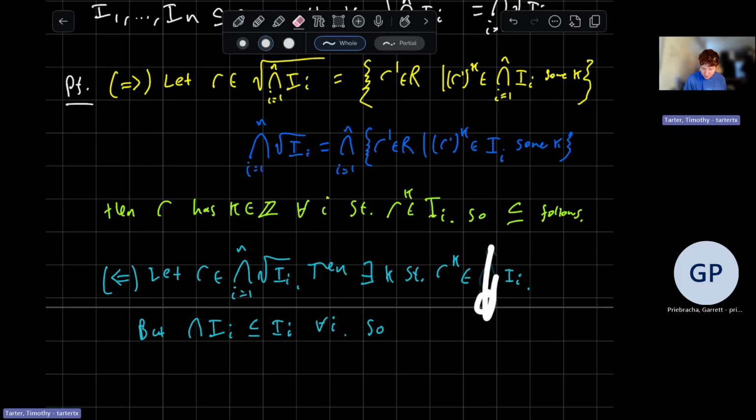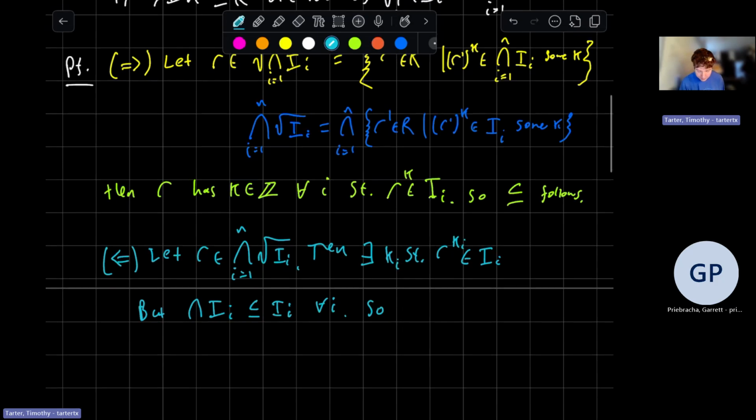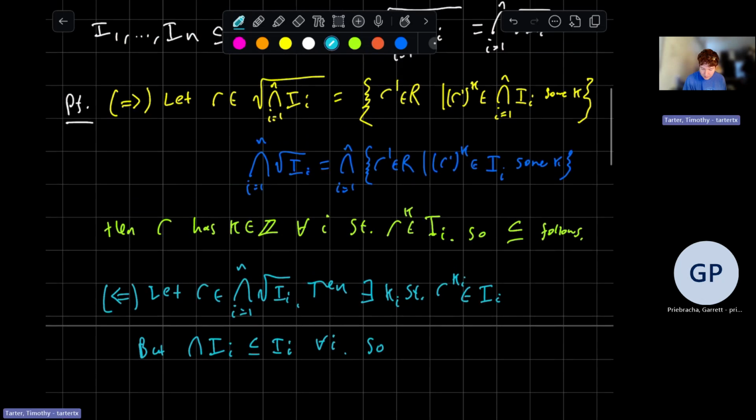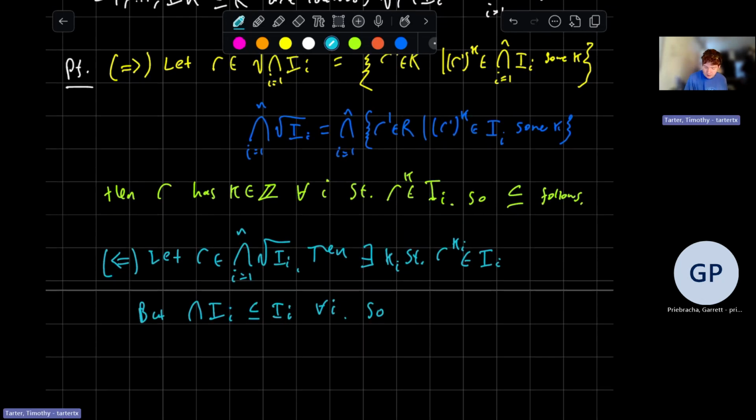That's why it doesn't make sense. There exists k such that r to the k_i is in I for all I. Oh no, but this is a shared k. That's the whole point of this, that it is a shared k.